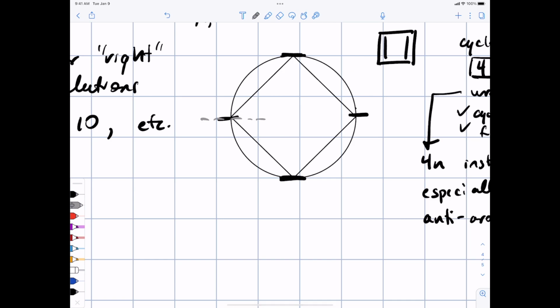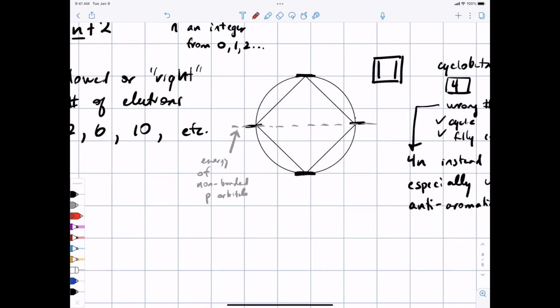Remember that the midpoint is the energy of non-bonded p orbitals. And now we fill up the diagram with the available electrons. I only have 2 electrons left.